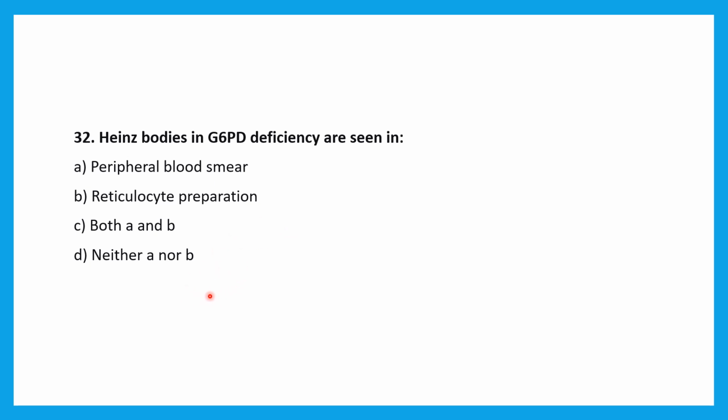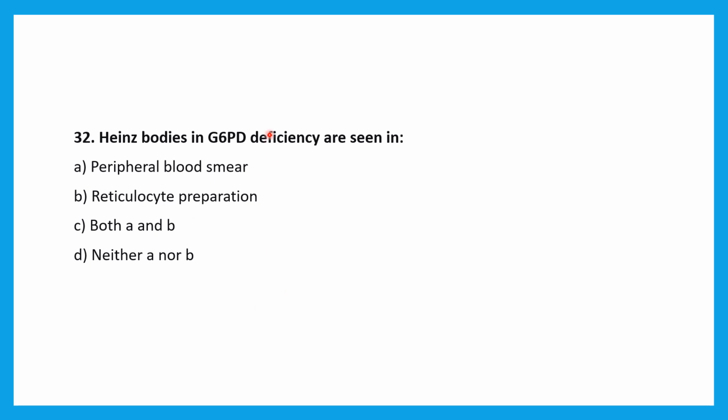So they are best demonstrated in a reticulocyte preparation, which uses such a stain. The spleen efficiently removes these Heinz bodies, so they are often absent in chronic phases. This is just to remind you that they're absent in chronic phases.